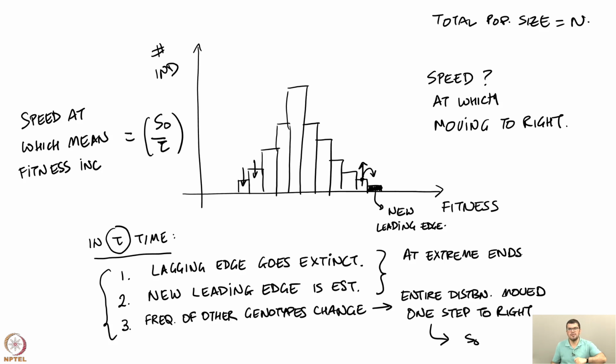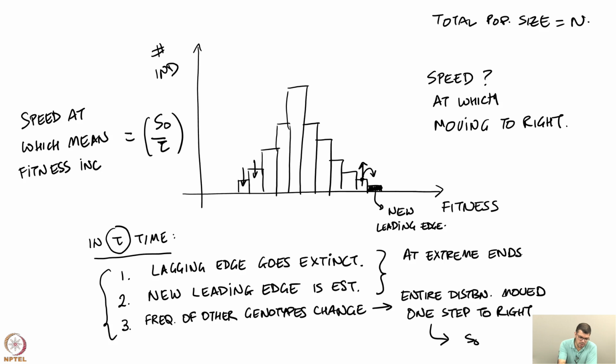S naught is the amount by which the mean fitness increased and tau is the time in which it happened. So, just as you have speed of a car as distance upon time, the speed of increase of mean fitness is simply by how much did the fitness increase divided by how much time it took to increase that fitness.